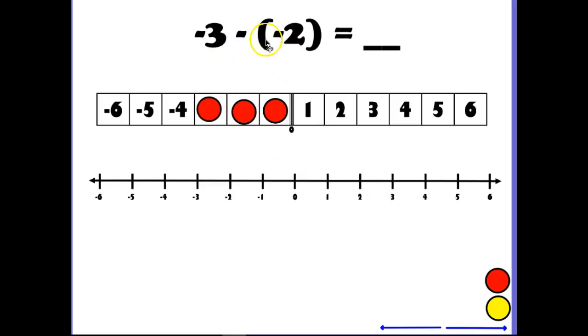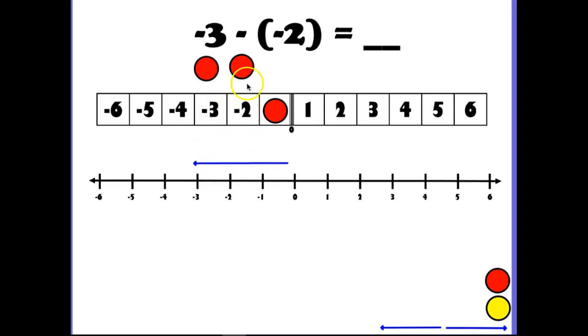So let's go ahead and draw our number line for -3. I'm drawing a -3. And I'm going to subtract a -2. So here, I'm going to take these away.